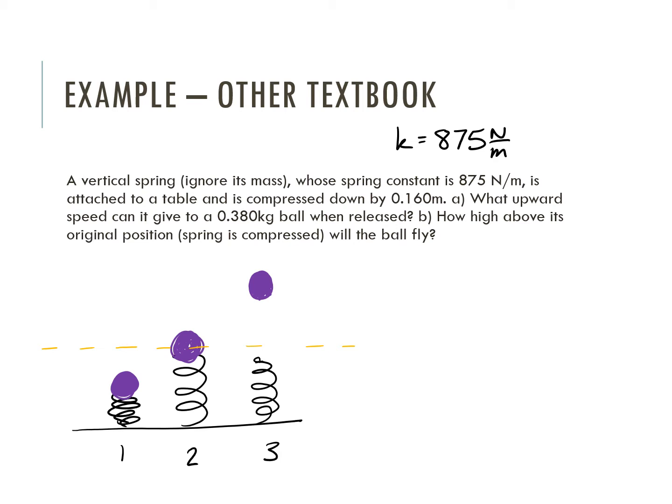When I compress my spring, I'm decreasing my y value. When my spring is at equilibrium, my y value is at equilibrium. So I'm going to put x equal to 0 and y equal to 0 at the same location. And yes, I am using x and y both in the vertical direction.